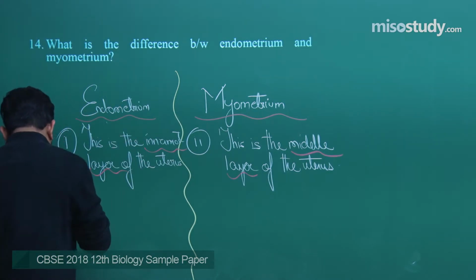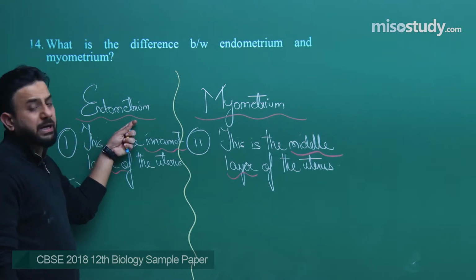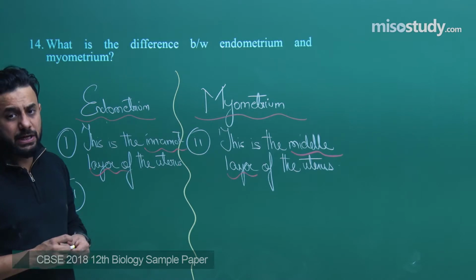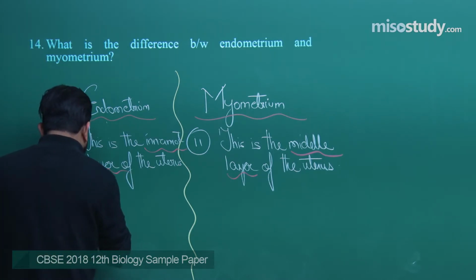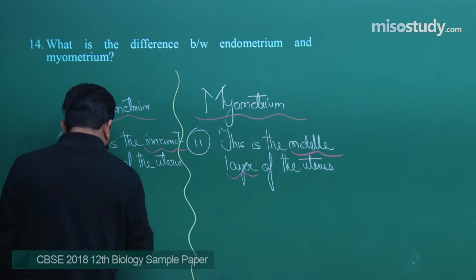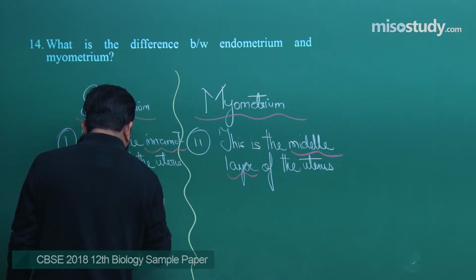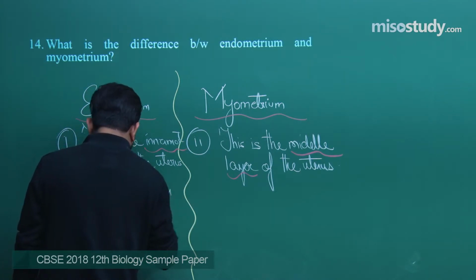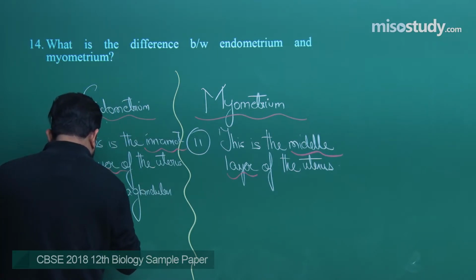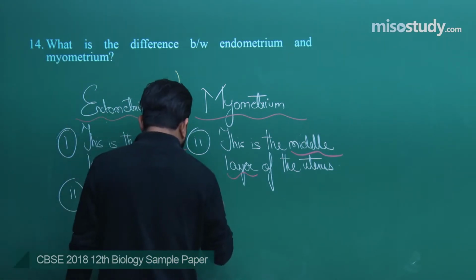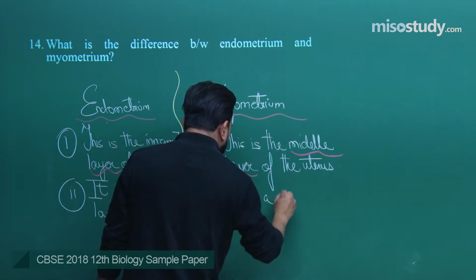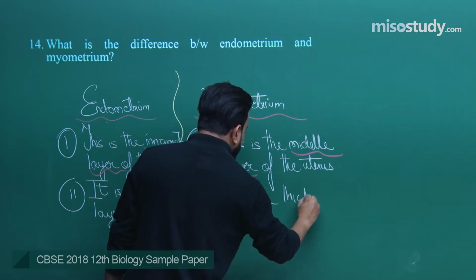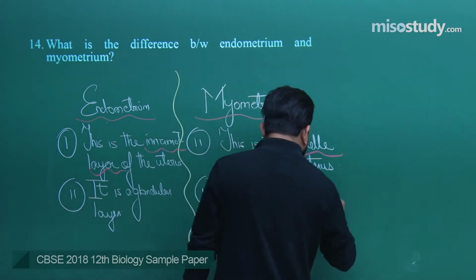The second thing, the endometrium is a rich glandular layer. It contains glands, so it is a glandular layer, and here we will write that it is a thick muscular layer.